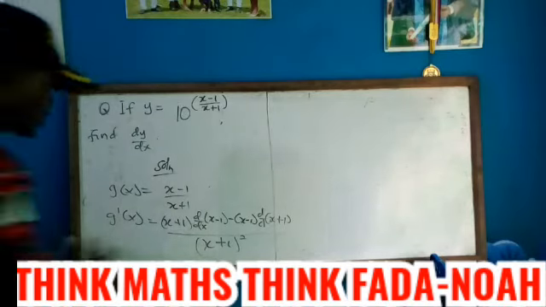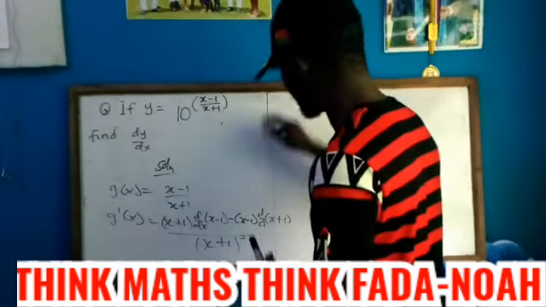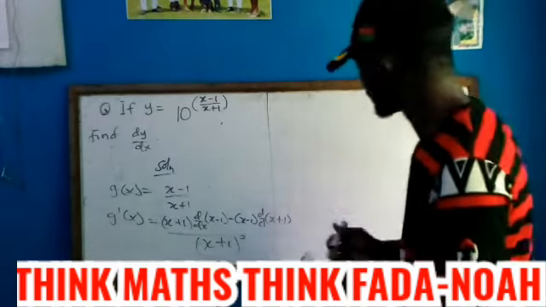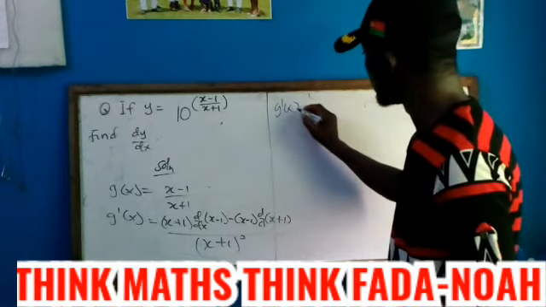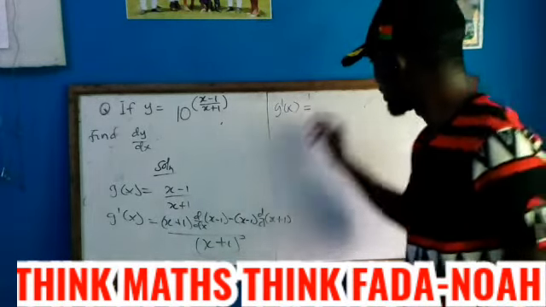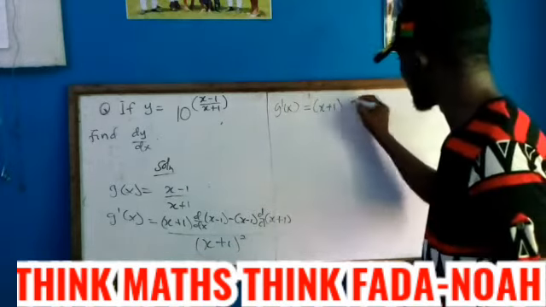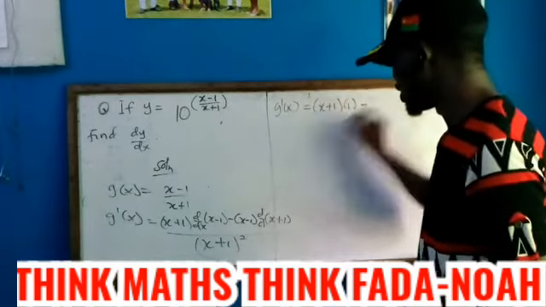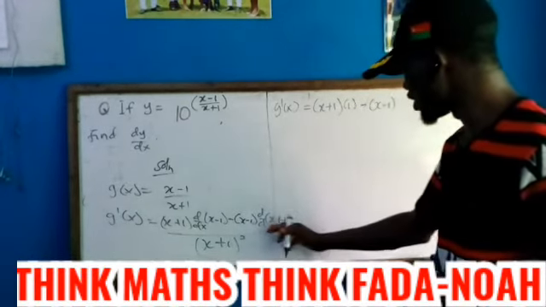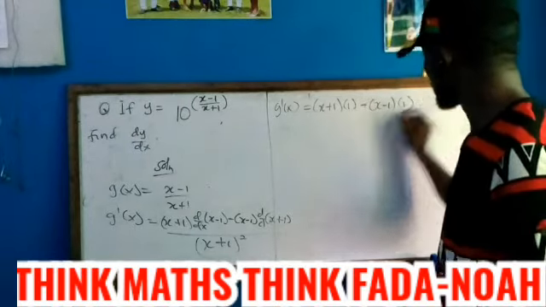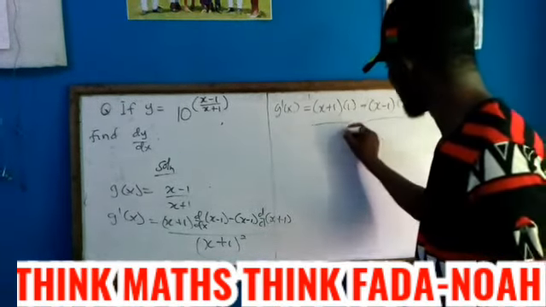So g prime of x equals (x plus 1), the derivative of x minus 1 is 1, minus (x minus 1), the derivative of x plus 1 is 1, all over the denominator squared, which is (x plus 1) all squared.